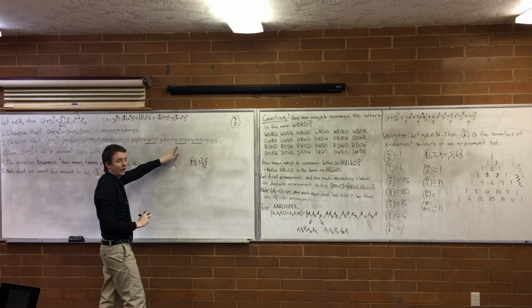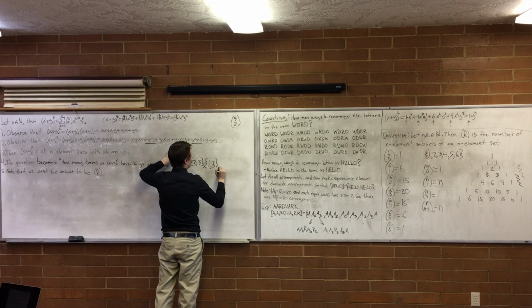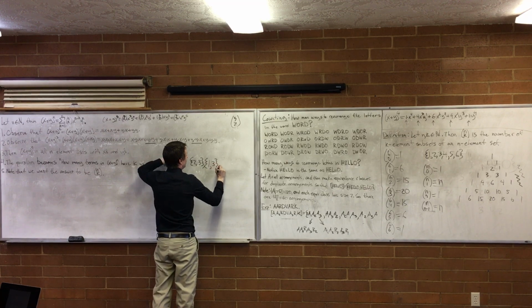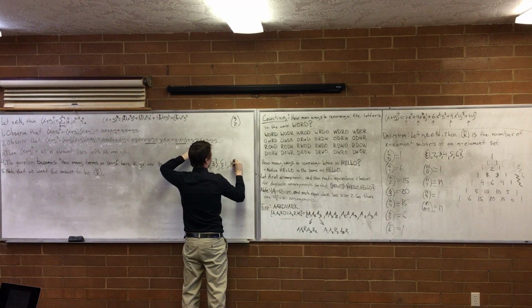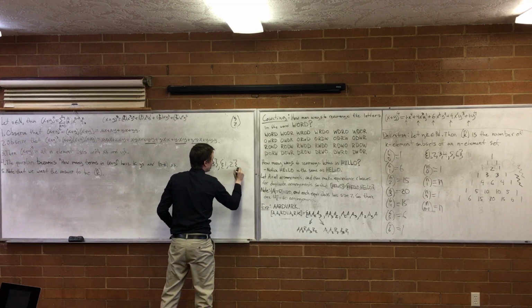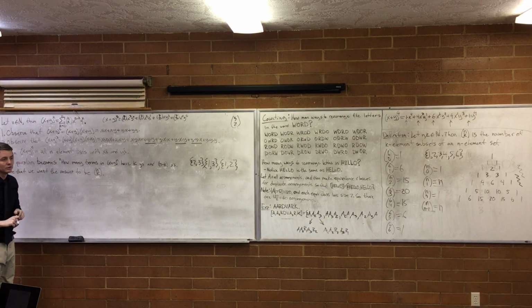Let's look at this one. We had a y show up in the first position and the third position. And then let's look at this one. We had a y show up in the first position and the second position. Okay. You see it? Yeah.